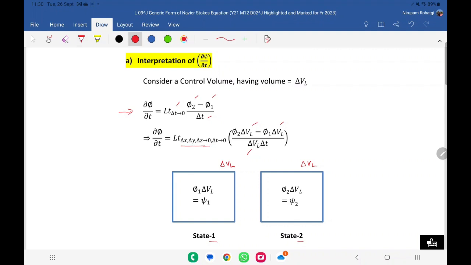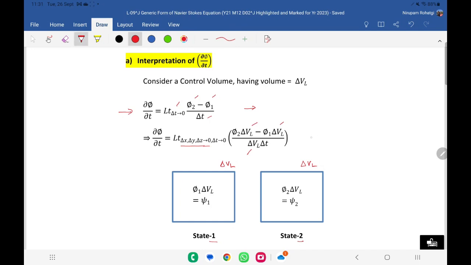So now what is happening is, you are talking about a point. Here you are talking about a general mathematical equation. Del phi by del t is equal to phi 2 minus phi 1 by delta t, where what we are talking about, we don't know here. It's just a derivative, how to find the derivative.